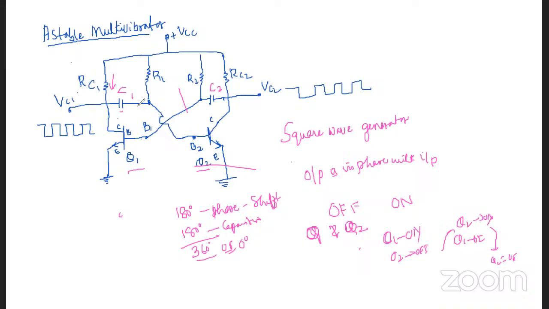Once it is charged, from VCC the current flows to RC2, C2 will be charged, and Q2 will be in the on position and Q1 in the off position. Like this, continuously, you are going to produce this square wave generator, with continuous on and off positions. In this case, no trigger pulse is required.